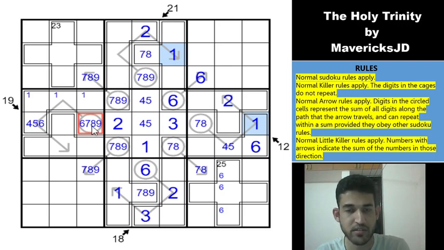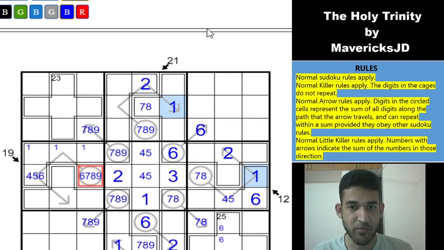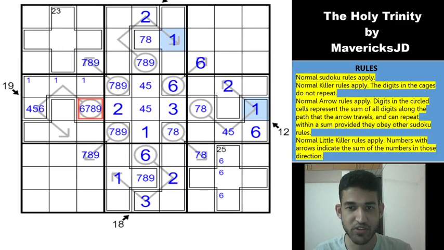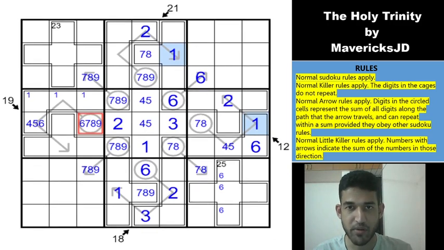What happened? Oops. Sorry guys, I need to solve it in problem mode because it's not letting me edit in solution mode. So let me continue in problem mode. Okay, so this is not a 6, so this would be 7, 8 and 9.